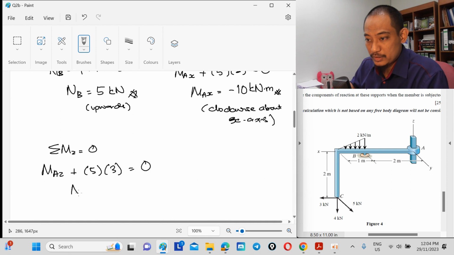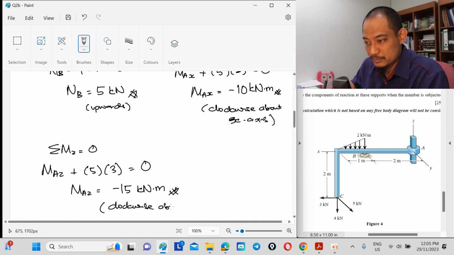Equal to 0, so MAZ is equal to minus 15 kilonewton meter. This is clockwise about the Z axis.